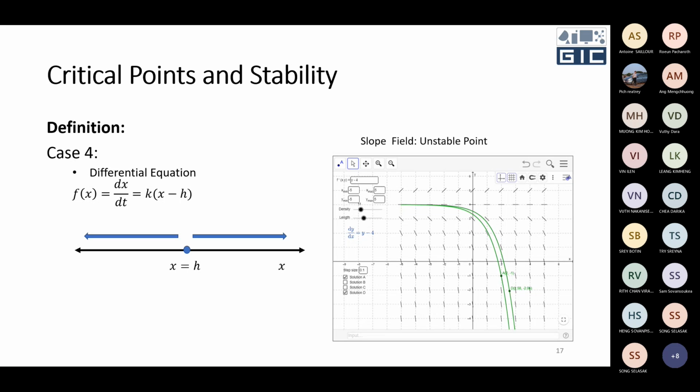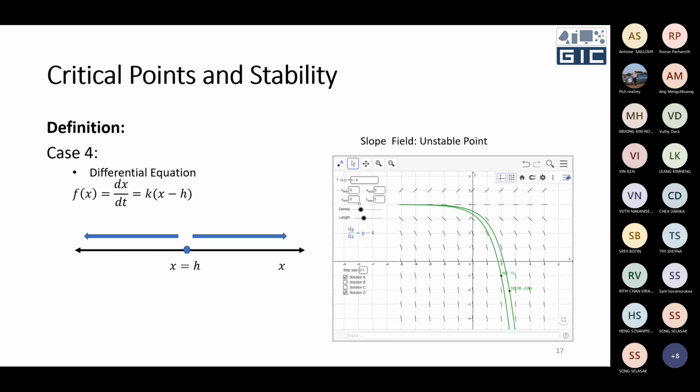So how can we apply this unstable case? Let's check this diagram or slope field. We have the value y equal to 4 here, but our system is trying to leave the stable point. So it means that our system is unstable because it cannot stay in stability.